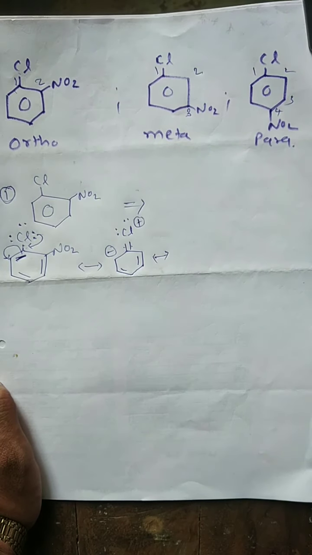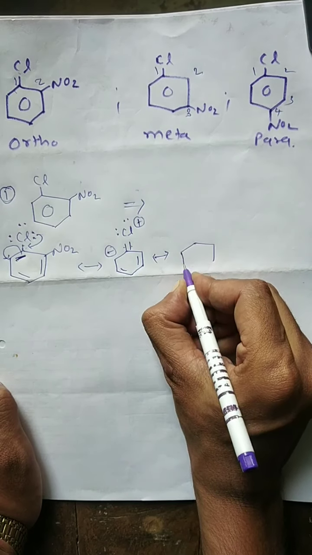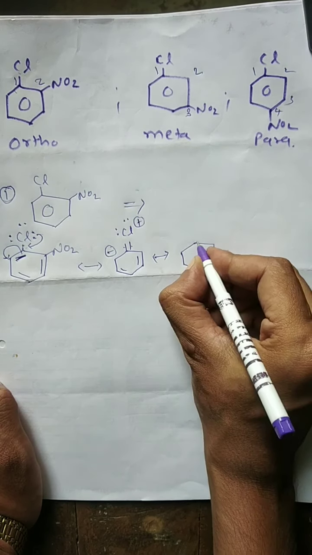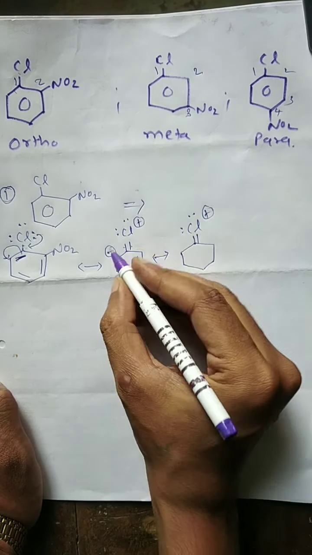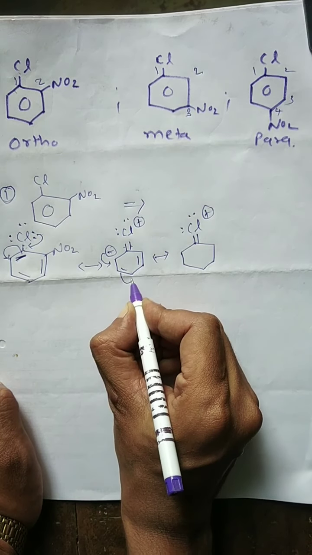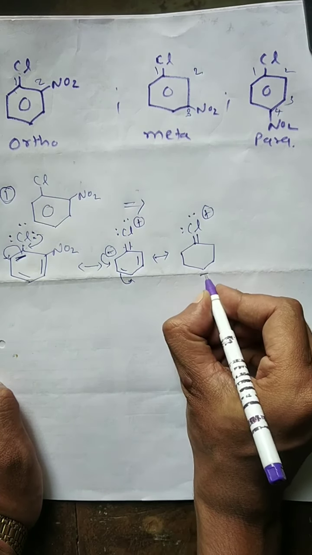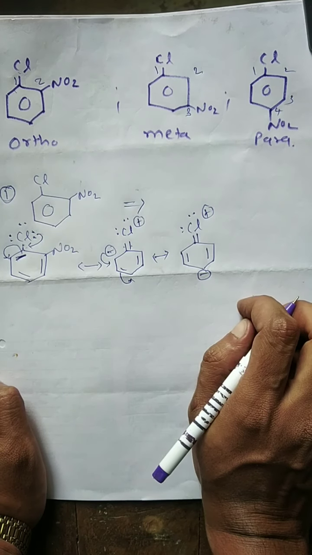Now in the next structure, this negative ion will make a double bond here, and this double bond will break and make a negative ion here. So the negative ion will now be on the 4th number carbon.